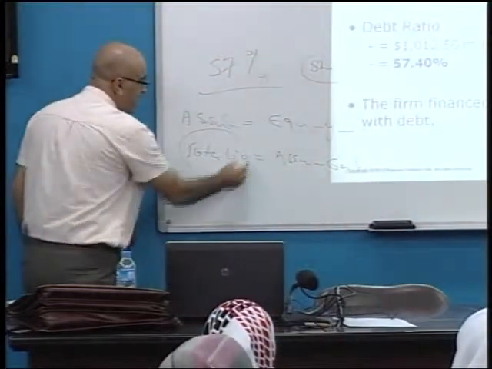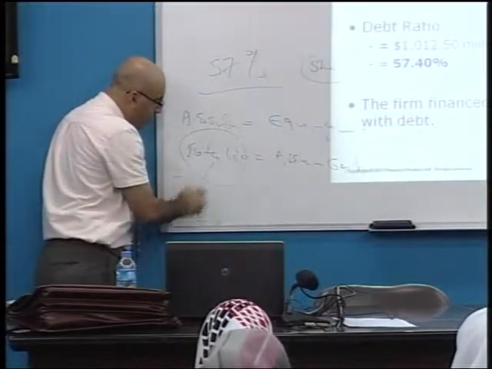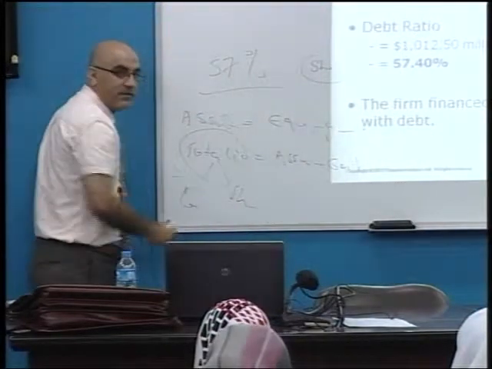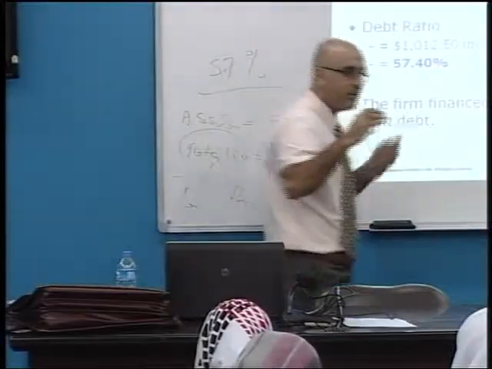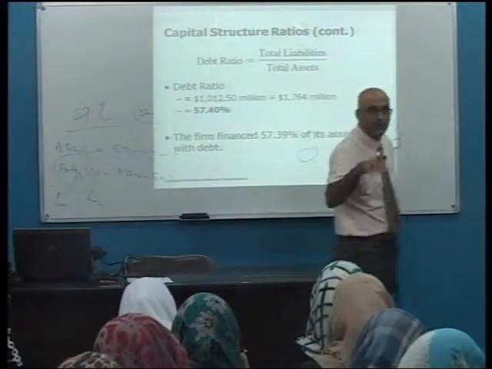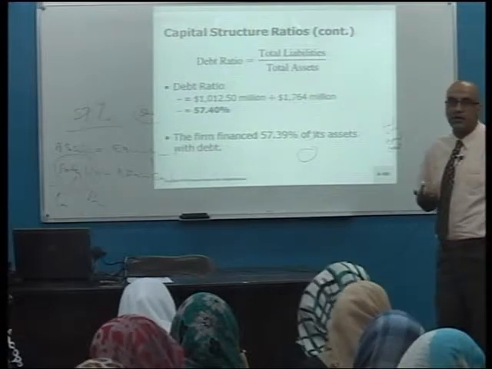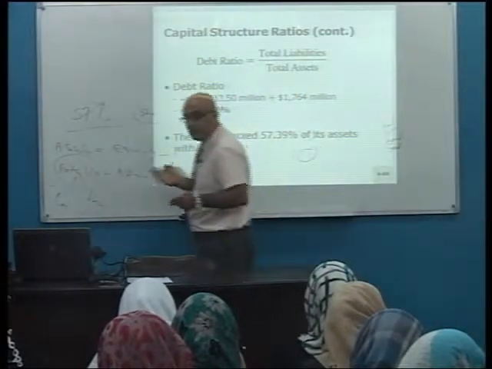Now, if you know the total liabilities and you know the short-term liabilities, you can easily know the long-term liabilities. This is why I'm trying to track your answers. So this is the debts. Then you take off the short-term liabilities and long-term liabilities from the equation.